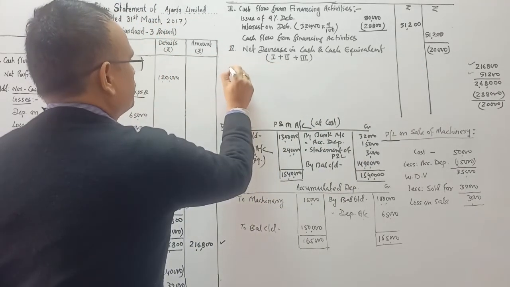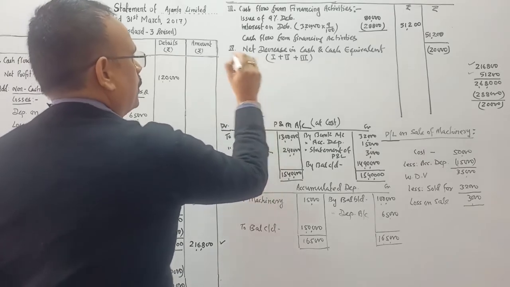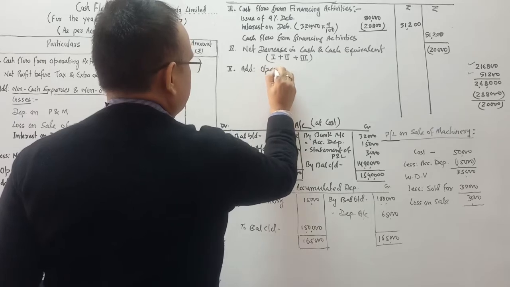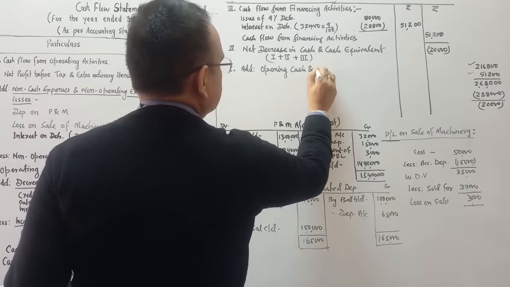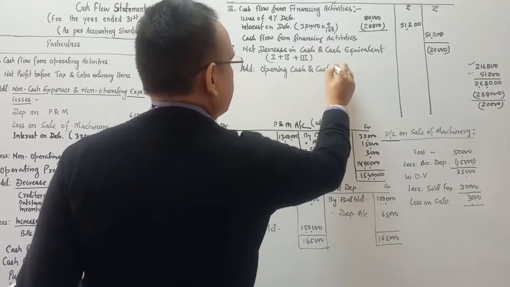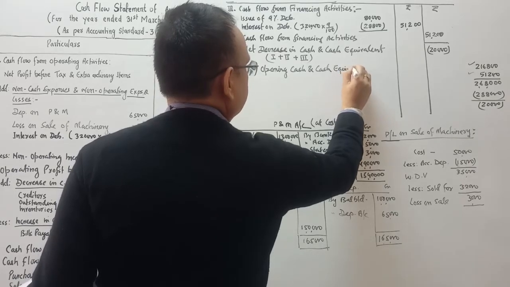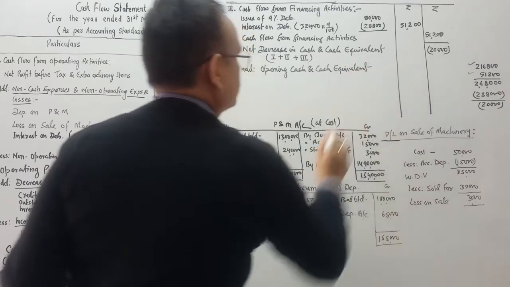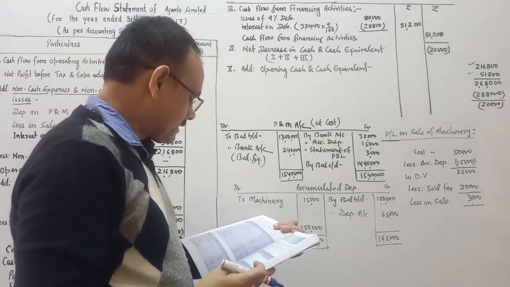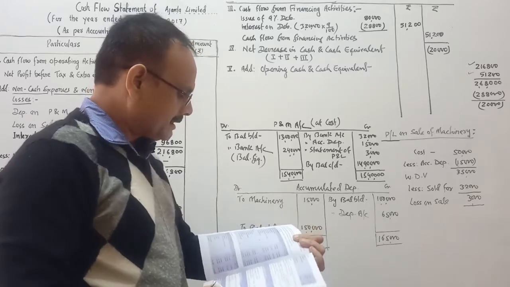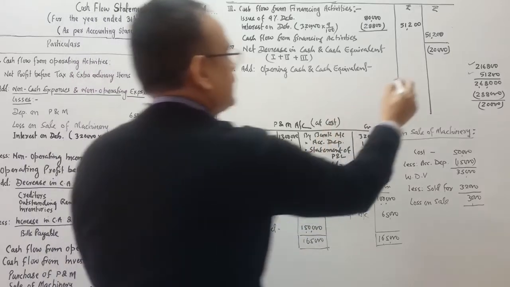Then you add number five, opening cash and cash equivalent at the beginning. In the question, opening cash and cash equivalent is in the asset side, current assets, last information number C, cash and cash equivalent, last year it is 80,000.